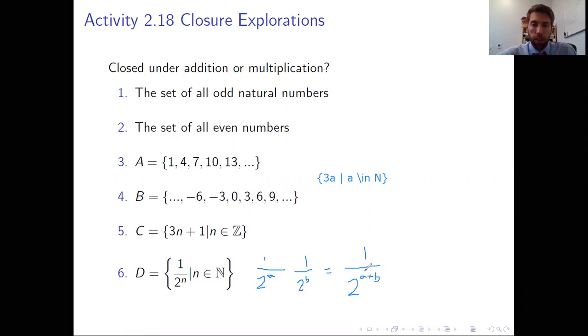Well, is a plus b a natural number? Yeah, the natural numbers are closed under addition, which means I still have 1 over 2 to the power of a natural number. So it's closed under multiplication. Okay? That completes our last video on this section.